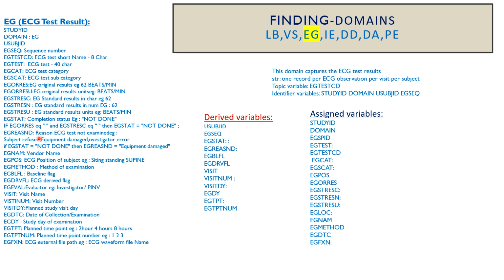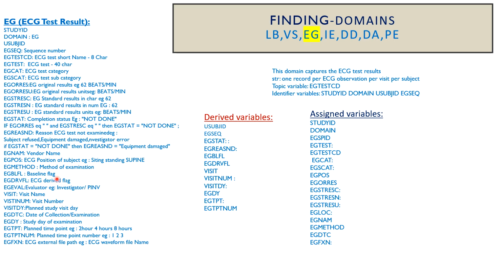Then status, reason for not done. Then EG name, nothing but the vendor name. Then position, the position in which we did the ECG, like sitting, standing, supine. Like EG method of examination, what method we used, that data we need to capture.